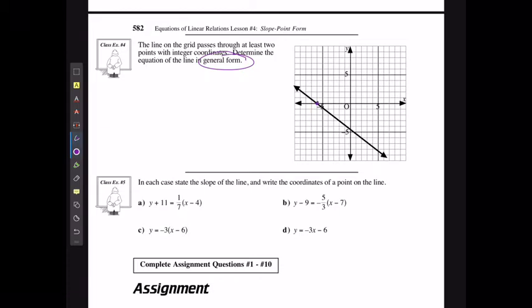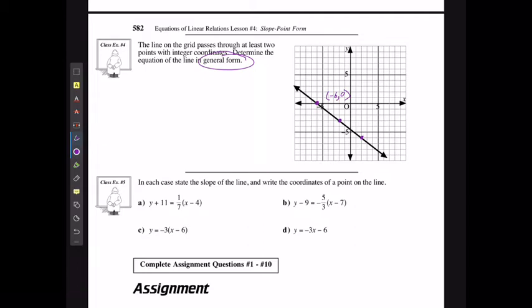I can see one point that exists here, and I'm going to call that point negative 6 and 0. And then when I'm looking for another point, I have another point that exists here.